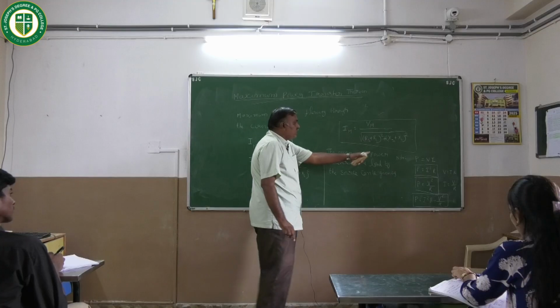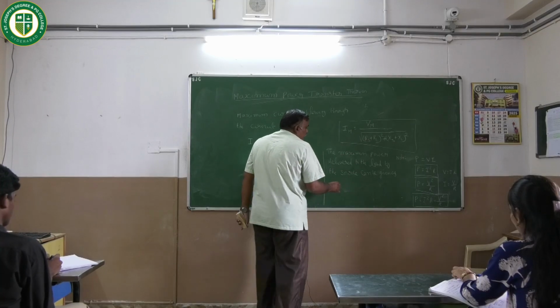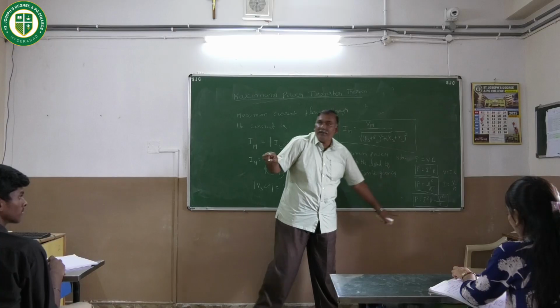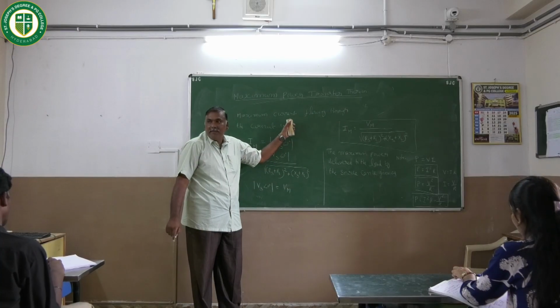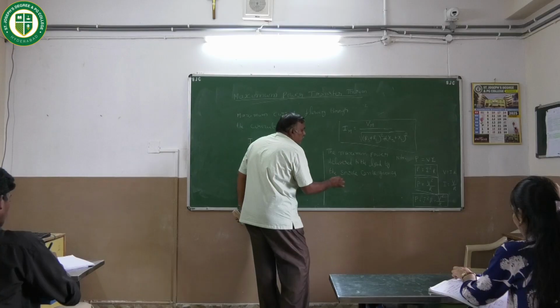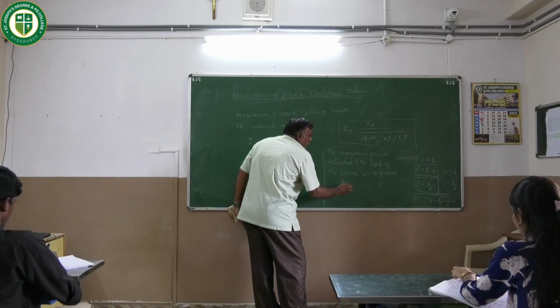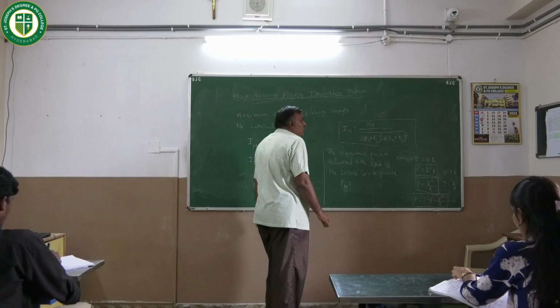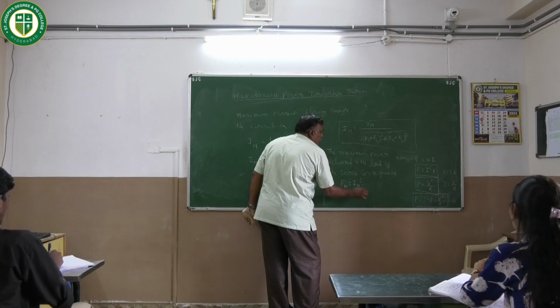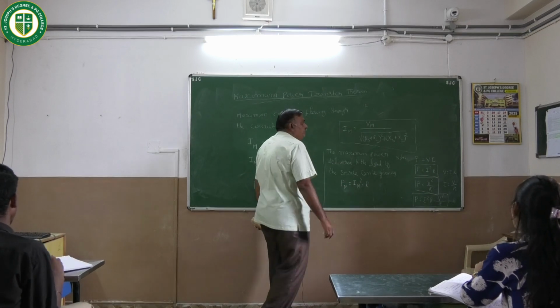Now I want to calculate the PM. If P is the power, the maximum power is going to be PM. As I is the current, the maximum current is going to be IM. So PM is equal to IM square into RL.